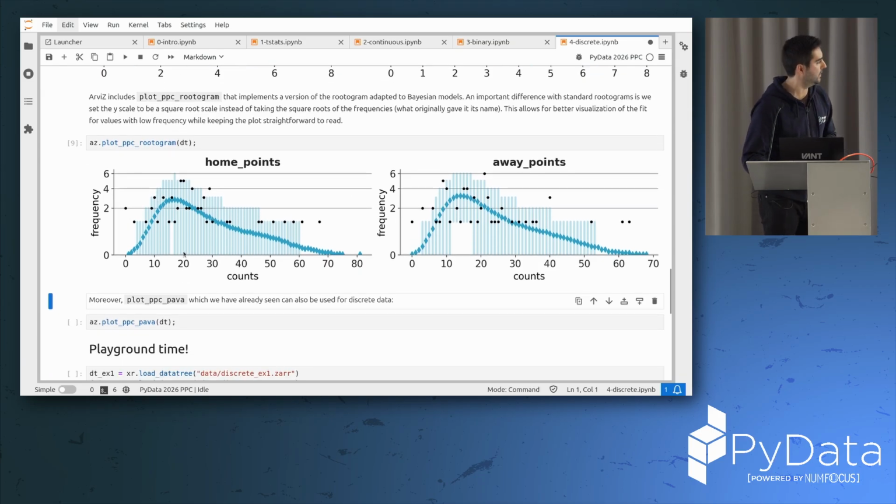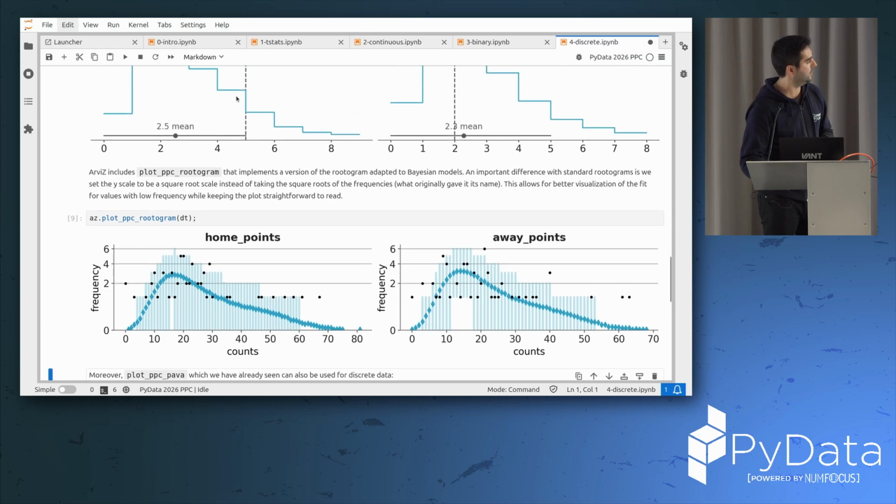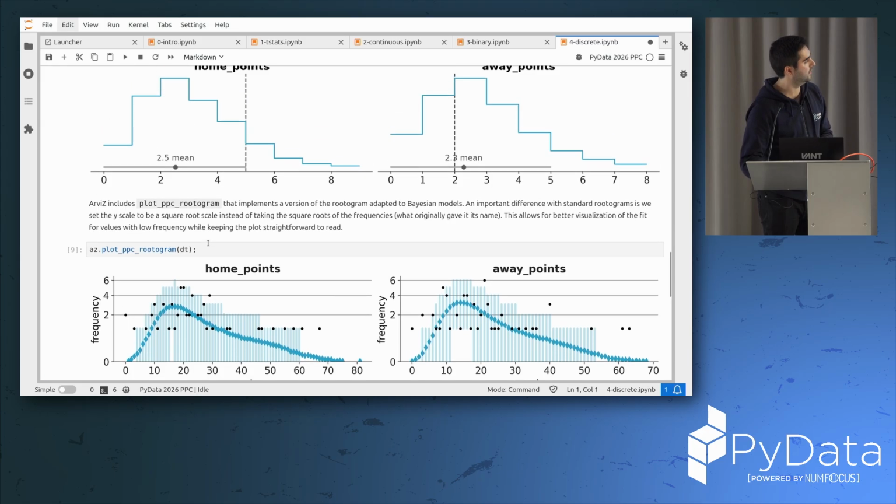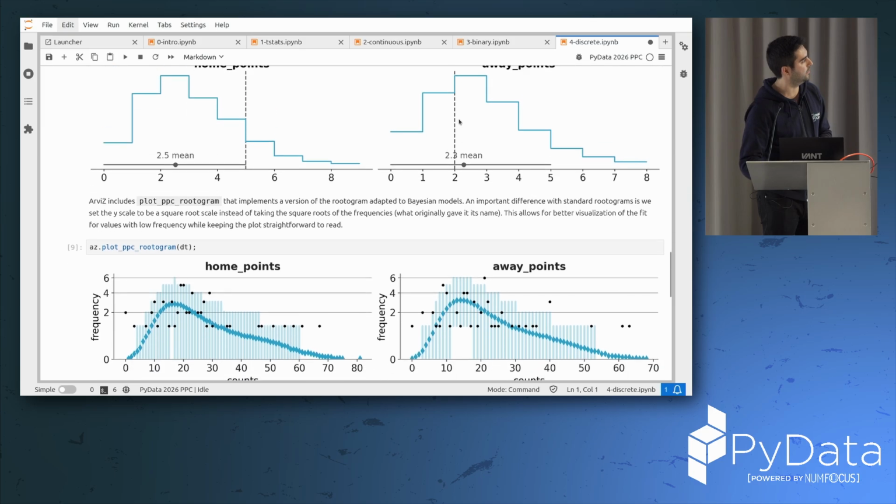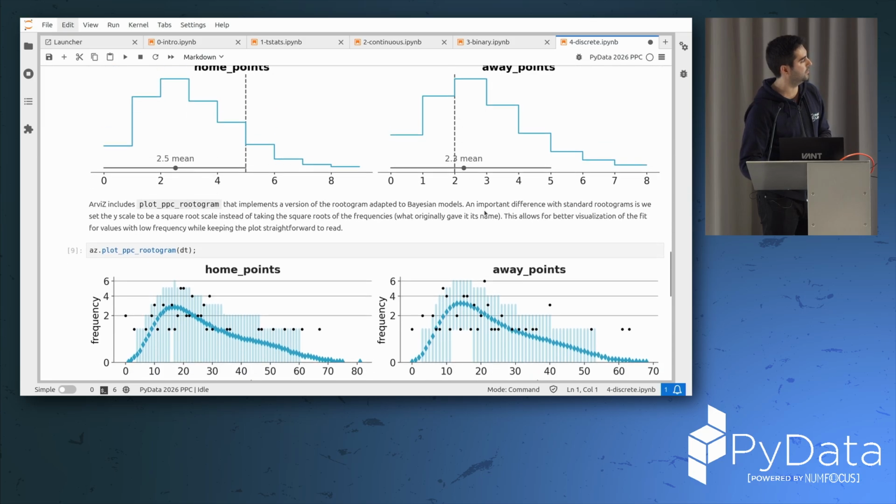So we were at 20, and we can see that the observation at 20 is at 5. Yes, it is at 5, and we have the interval from 5 to 0, which is indeed the case. And here, for the away points, we have the observation at 2.